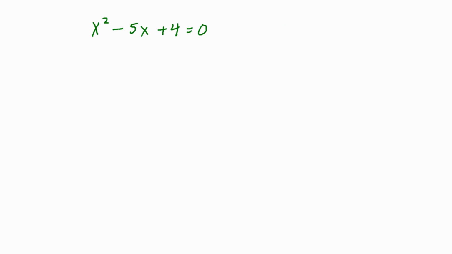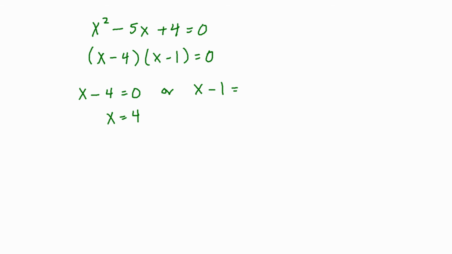And now I'm ready to factor. I need two numbers that multiply to be a positive 4 but add to be a negative 5. x minus 4, x minus 1, and that equals 0. Setting each of them equal to 0, x minus 4 equals 0, which means x equals a positive 4, or x minus 1 equals 0, which means x equals a positive 1.